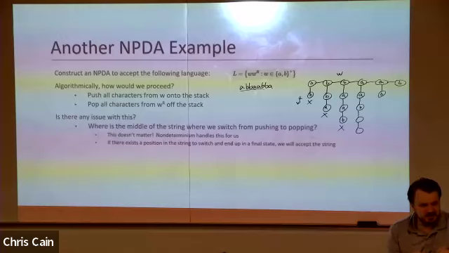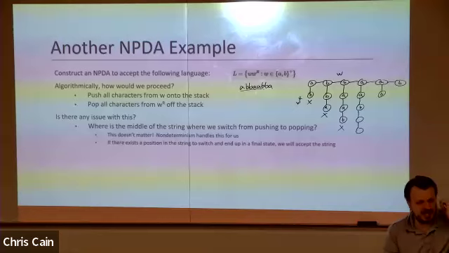I would argue that the first state should be all of the possibilities for pushing a component of W onto the stack. Eventually, you're going to make a transition that says, I am done pushing W, and it is time now to pop off WR.